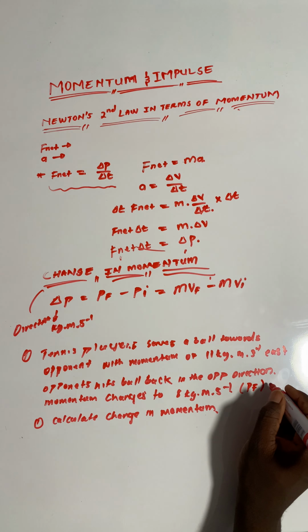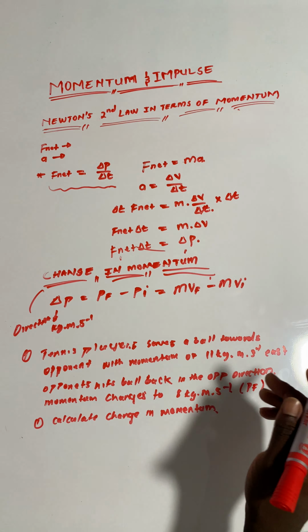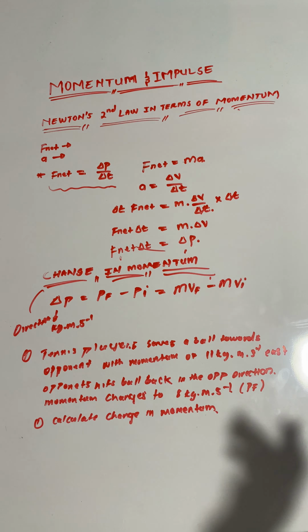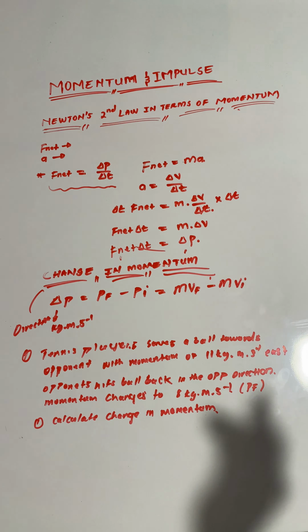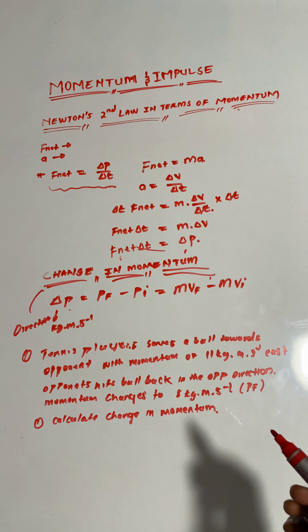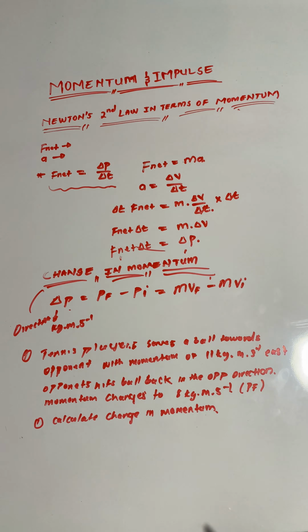But if they're saying it changes by, it will mean that that something relates to what? Your change in momentum, which is your delta P here. Please note such terms.